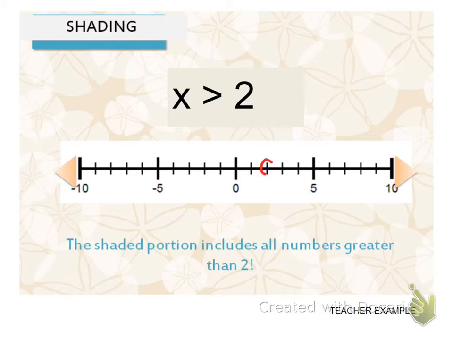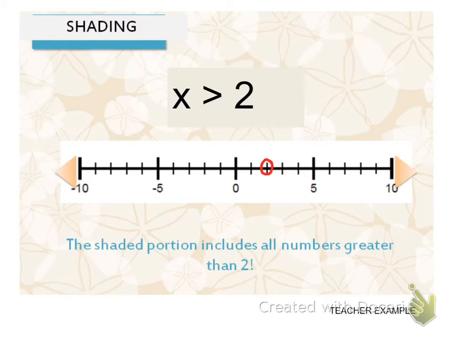Now, I'm going to go back to my question I asked you just a minute ago. Anybody have an idea why I put an open circle? What does the open circle mean? Why would I put an open circle instead of a closed circle? Bella, what do you think? An open circle means that it's like not equal to. It does not include the number 2, right? Yeah, you're exactly right.